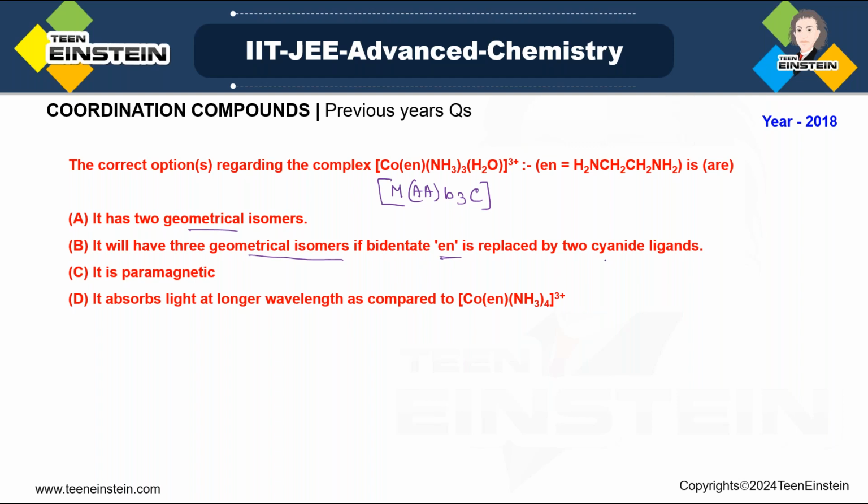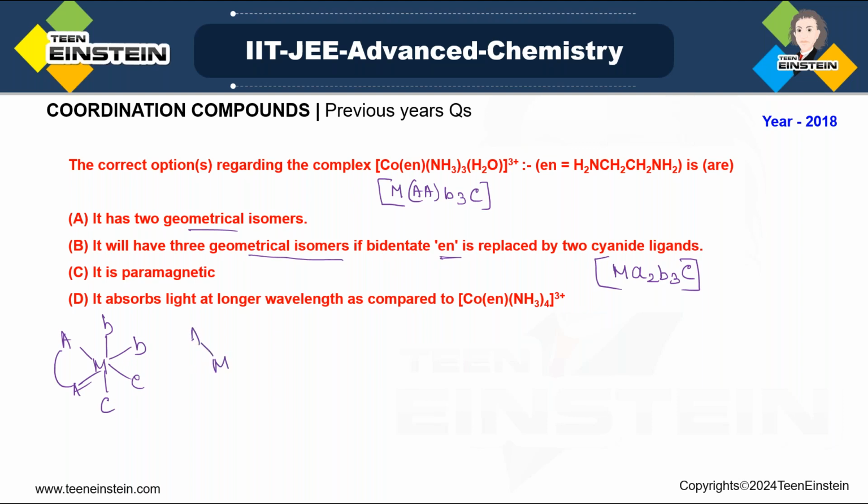Now when you change it with cyanide, the type will change to Ma2B3C, because now there is no bidentate ligand. All are monodentate ligands. So we will write the geometrical isomers for these. Now when it is MAAB3C, the possibilities are: you always have to fix this position, BBC.